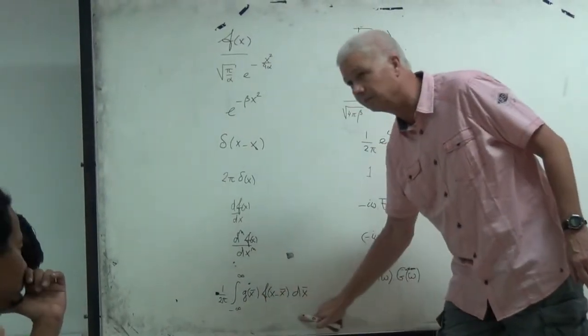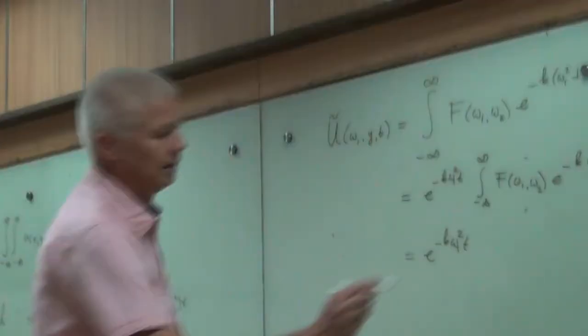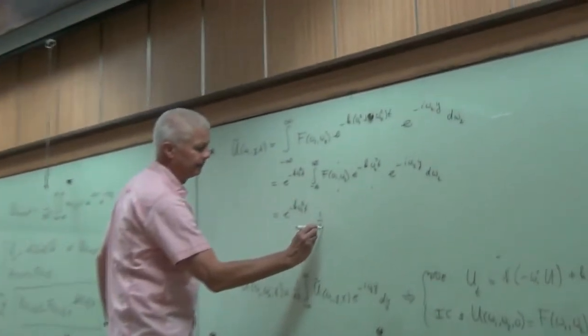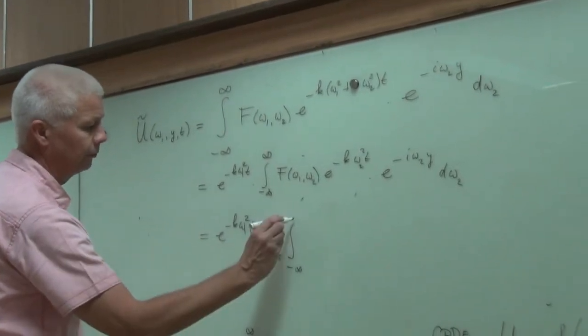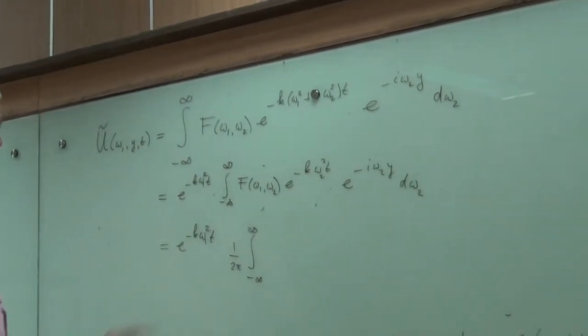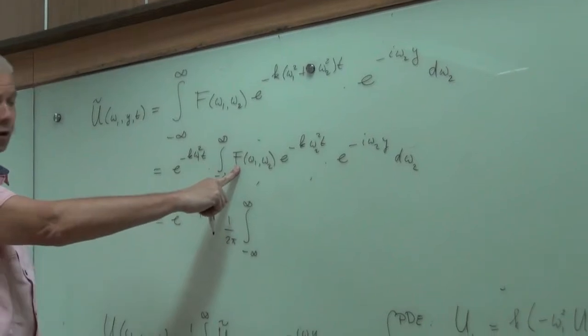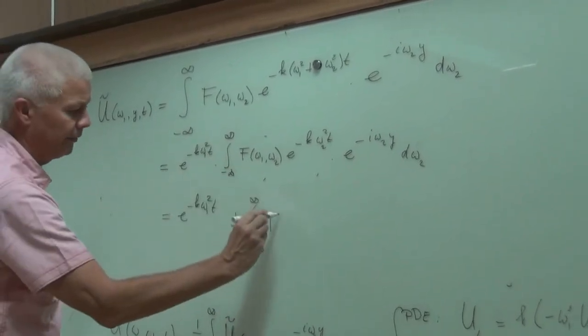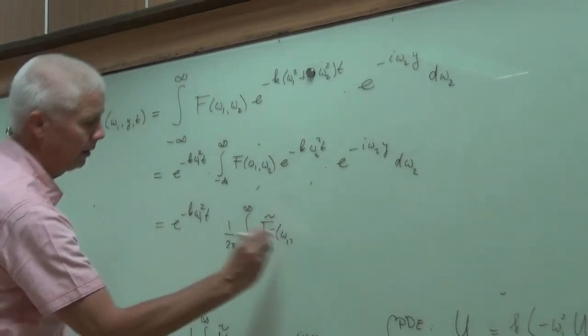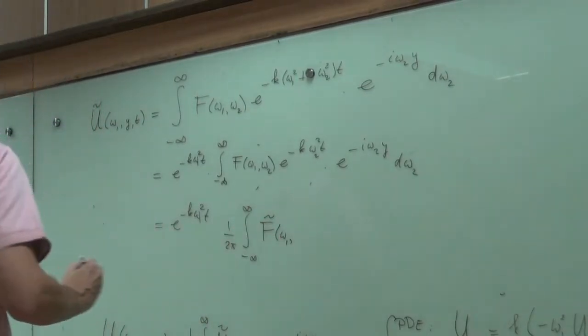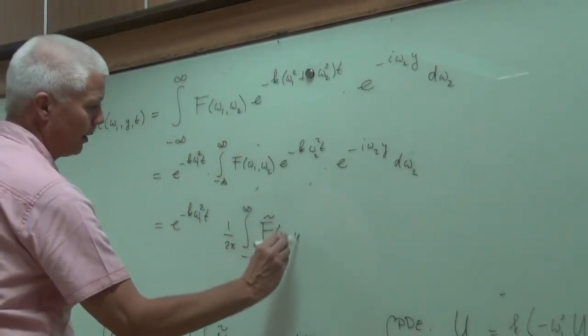So I have a convolution integral. So I will get back 1 over 2 pi, integral from minus infinity to plus infinity. I have the original function belonging to that f, and that will be f tilde of omega 1, and then I have as a variable y bar.